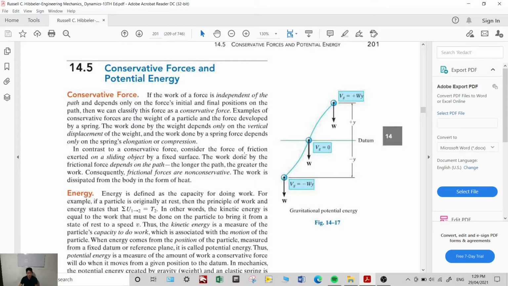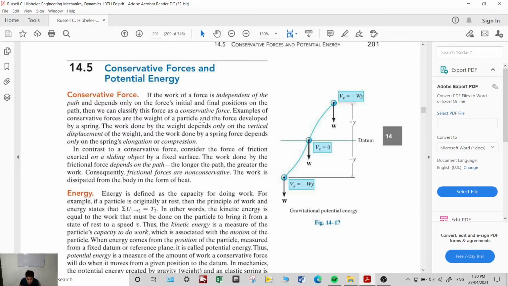So let's have an example. Weight is a conservative force. Why? Because whether you measure the force at this location or at another location, as long as the height is the same, the potential energy is the same.